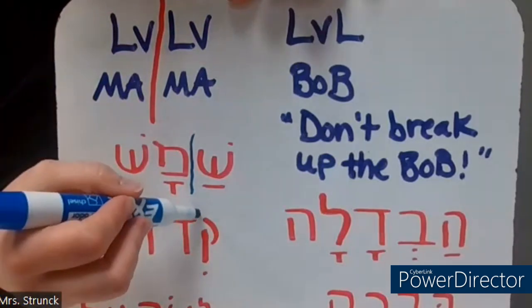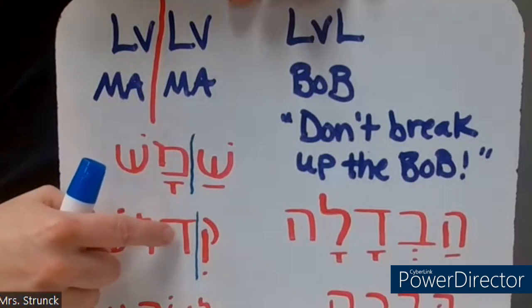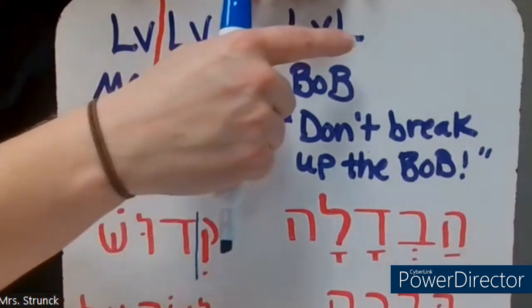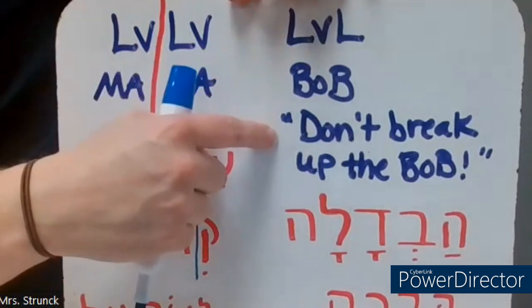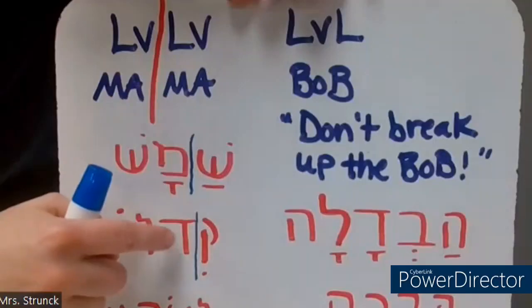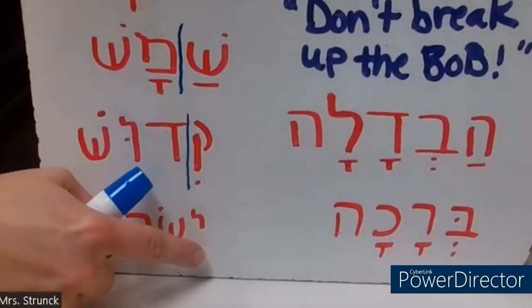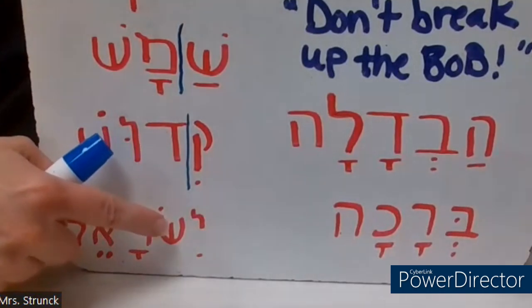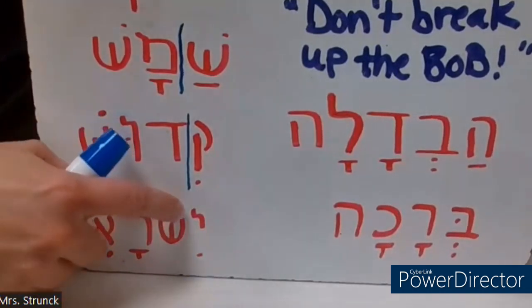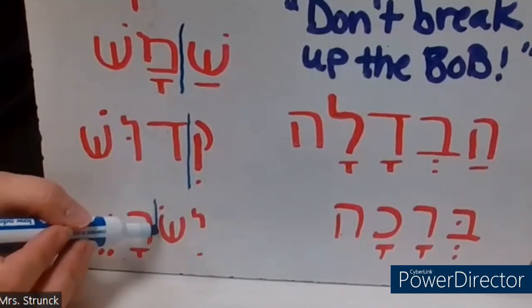So now I've got letter, vowel, letter. Well, that's like Bob. Don't break up the Bob. So we're going to say key, doosh. This one has letter, vowel, letter. Well, that's like Bob. I'm not going to break that up and put a line right here. It's going to go after my Bob.